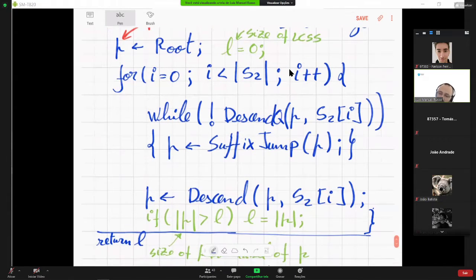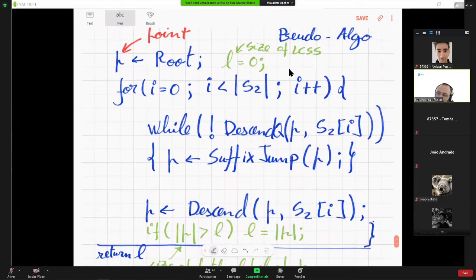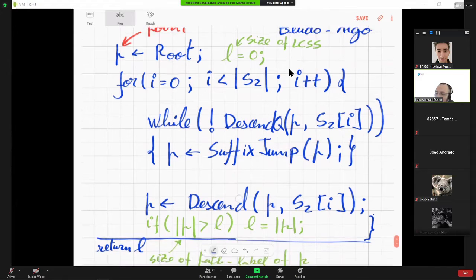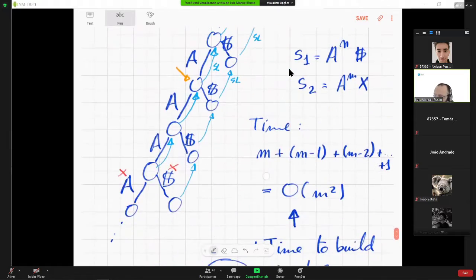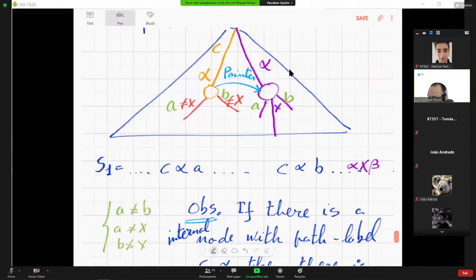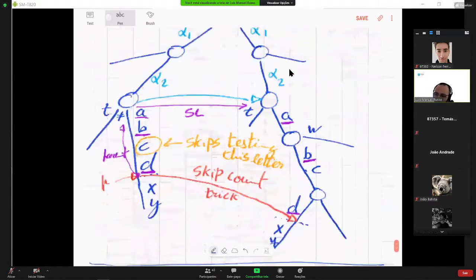So what should I use as a potential function here for this algorithm? It's a linear potential function. It's the level, yes, exactly. So what do we mean by level? Maybe on the skip count trick it's easier.